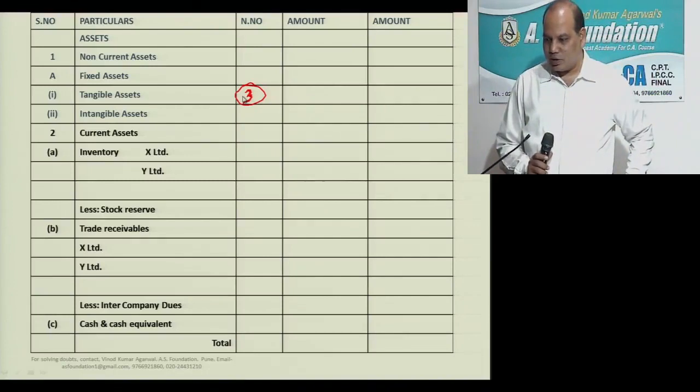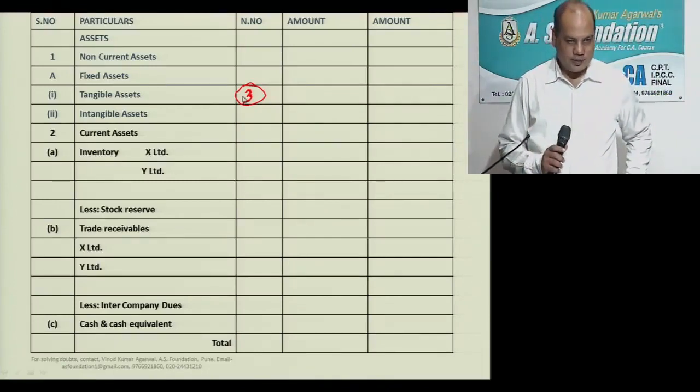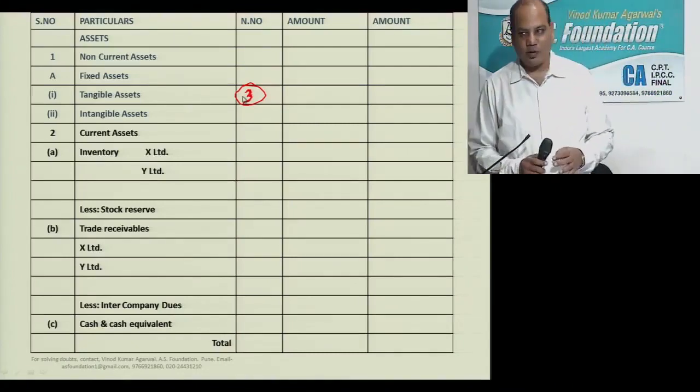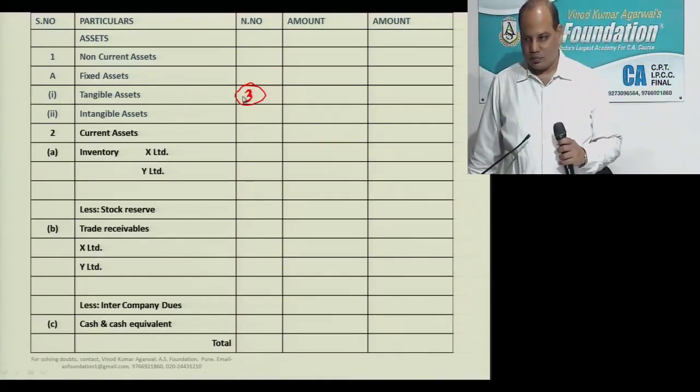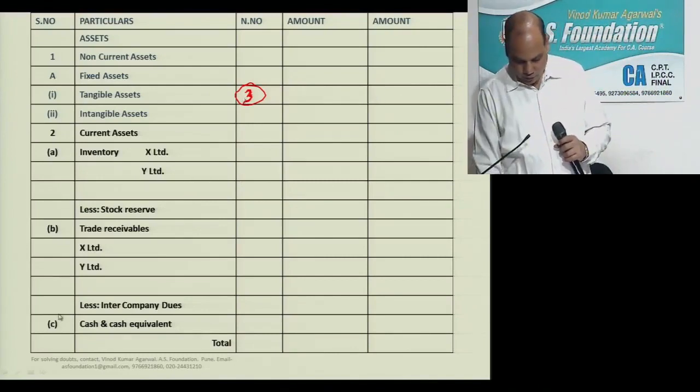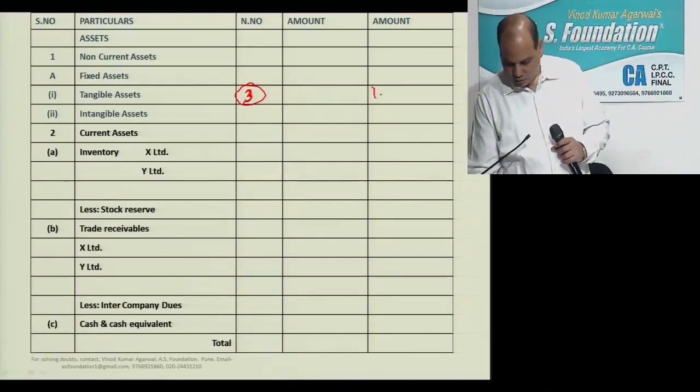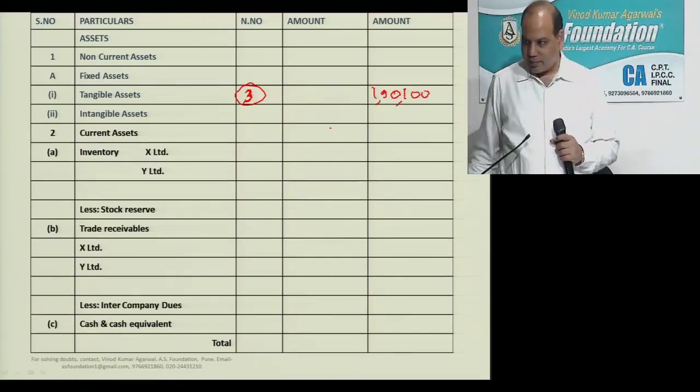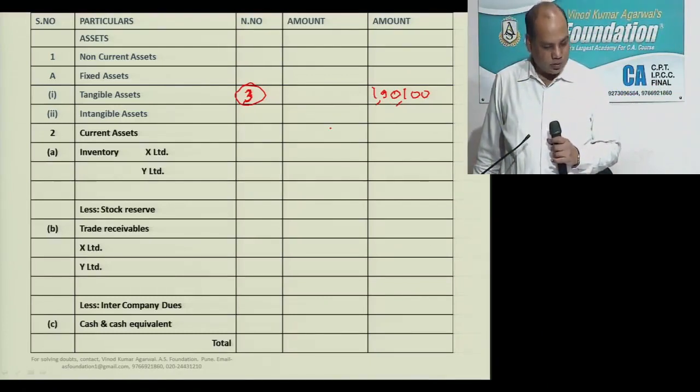Is 8,100 right? Now you will take the total of all three. Final figure only, 1 lakh 90,000? 190? Everybody? No mistake. Transfer to balance sheet. Outer column, 1,90,100.